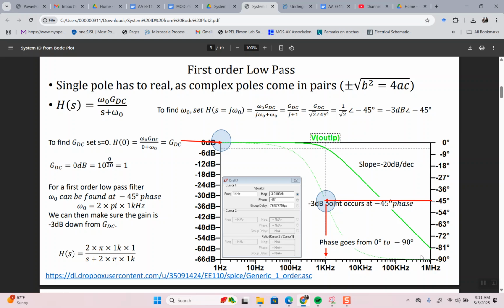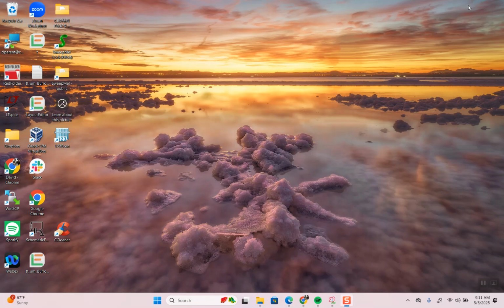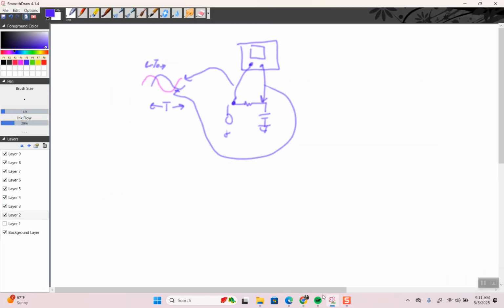If I was inverting that, the phase, we'll just say minus omega naught over s plus omega naught, right? So how would I determine what the numerator would be, right? It would be 1.